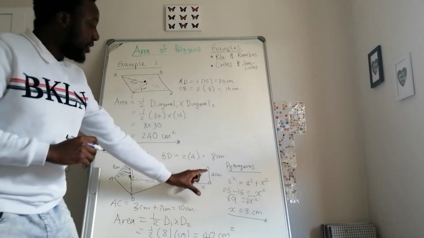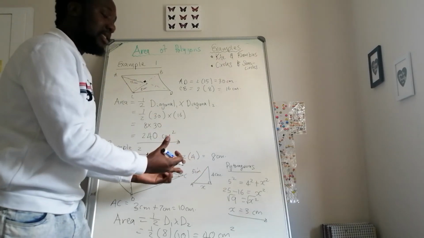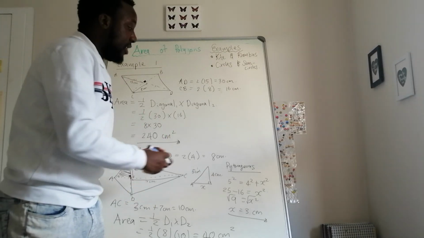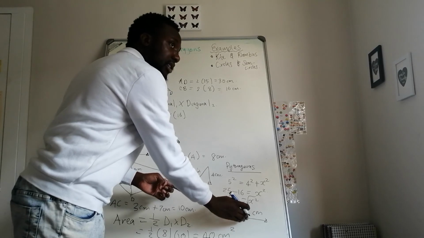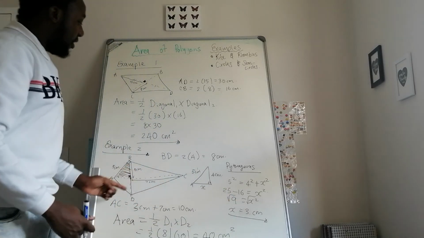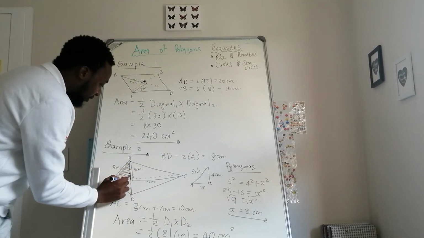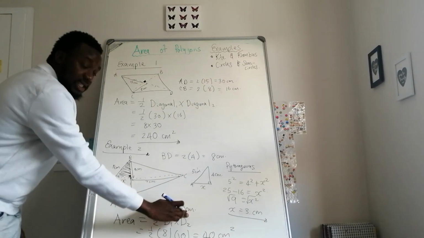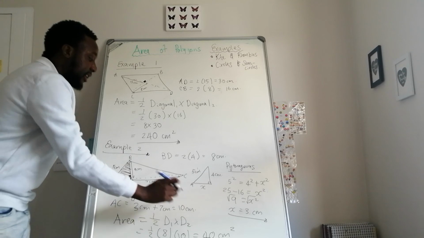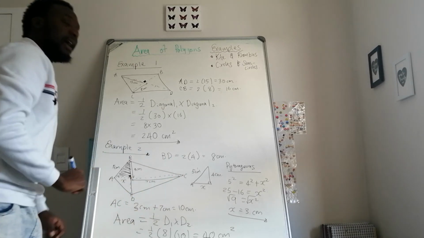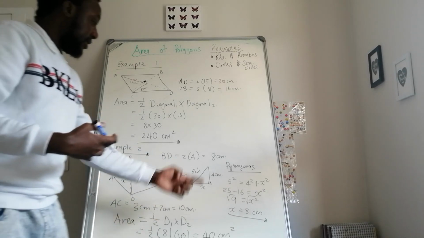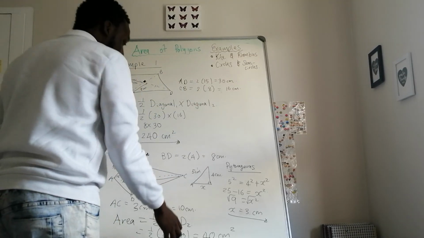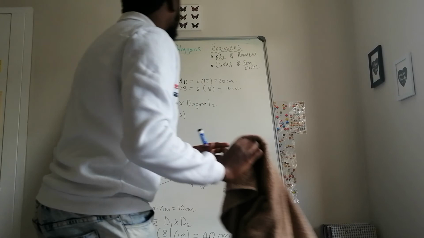Take it out, put it there, visualize it, put the units there, solve for Pythagoras there. Once we're done solving for Pythagoras, have the x value there. Add the x value with the 7 centimeters to get the 10 centimeters. And then that will give me the AC diagonal. So you just multiply it there and you find area. So this is just the kite and the rhombus.